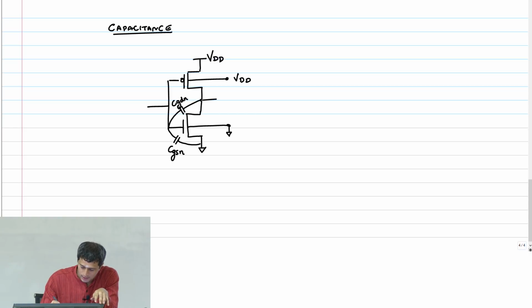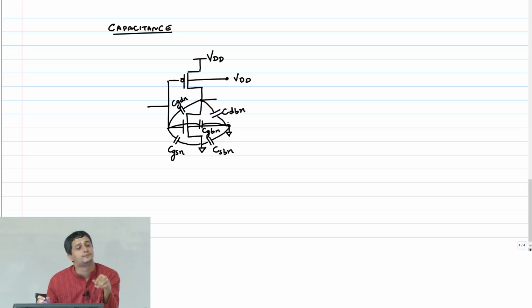Then there is one capacitance like this, CDBN, and CSBN. And then there is also a CGBN. Similarly, I have capacitances on my PMOS transistor as well.